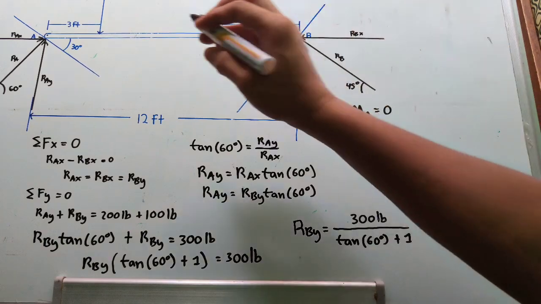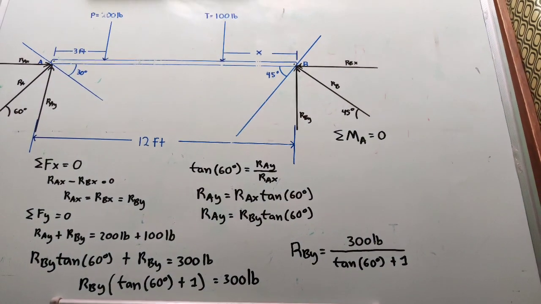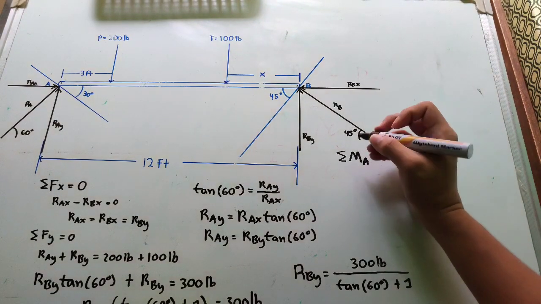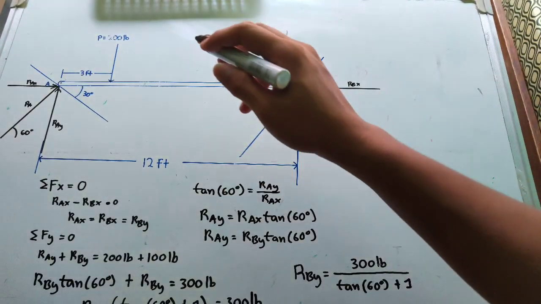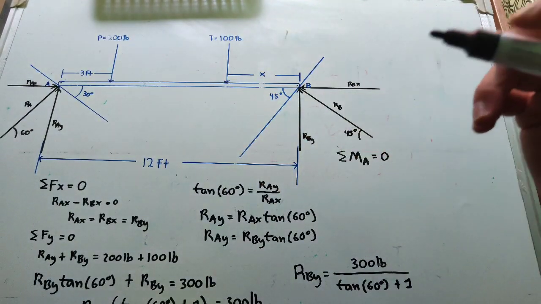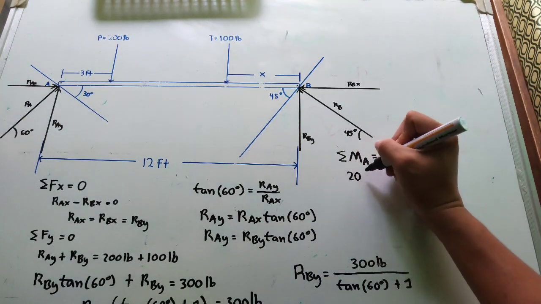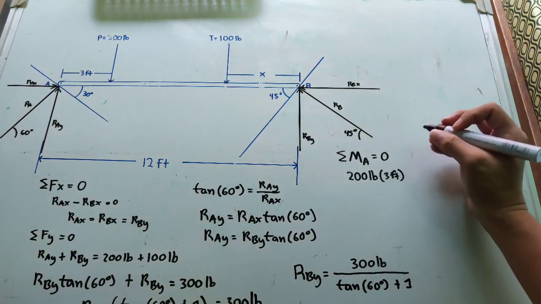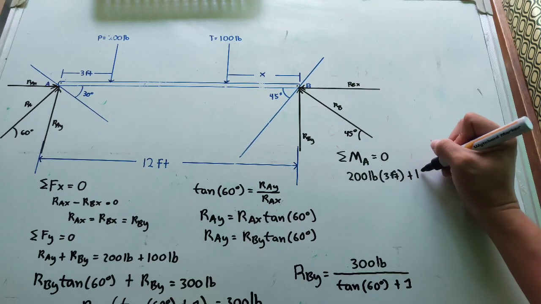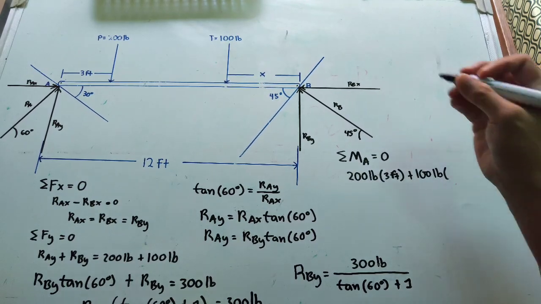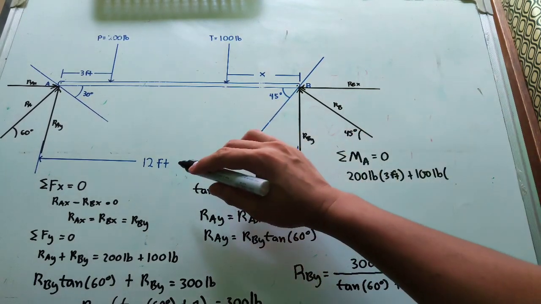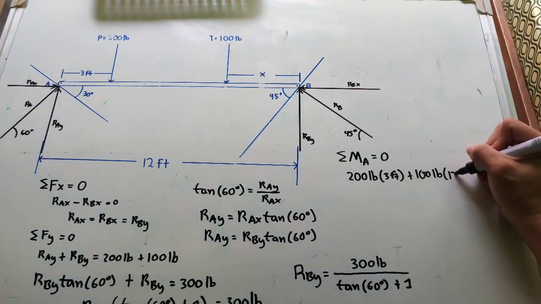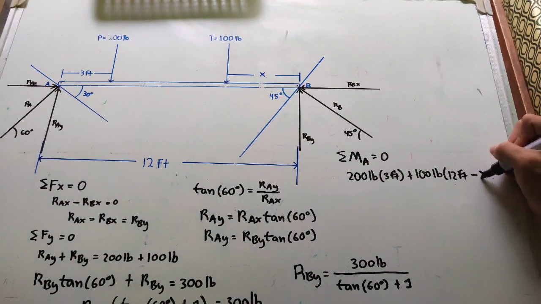Now 200 pounds, since the force is making a clockwise direction, it is positive. So 200 pounds times 3 feet plus 100 pounds times 12 feet minus x. Here, 12 feet minus x is the distance from here to here.